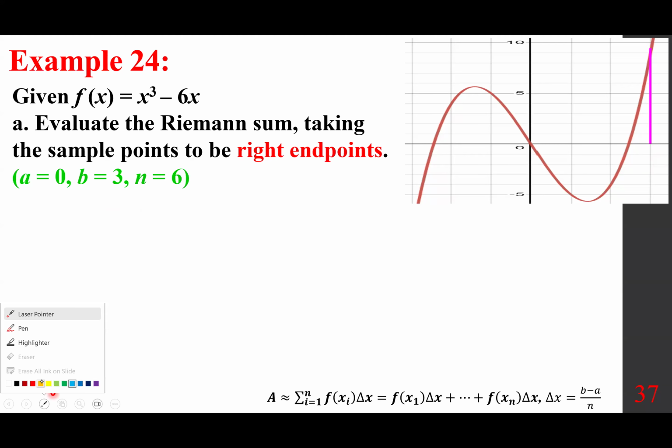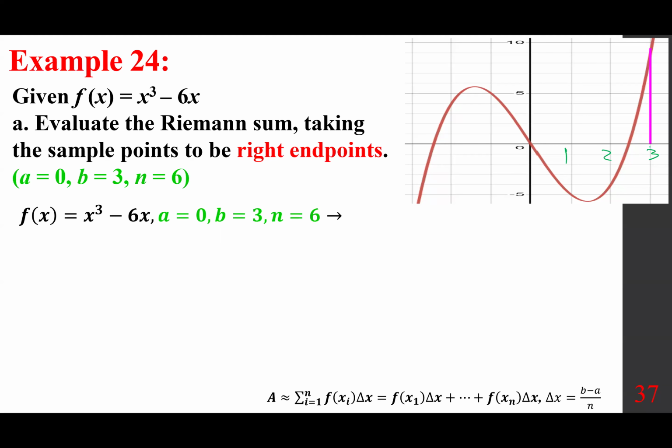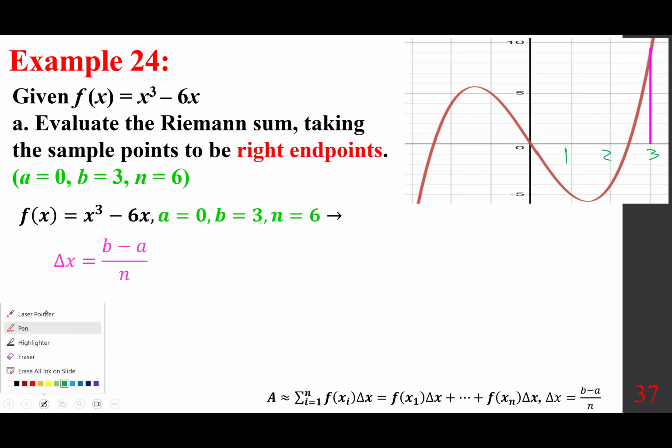Let me just put 1 and 2 here. 1, 2, 3, okay. a is 0, b is 3, n is 6. So we cut it into 6 equal parts. Delta x is b minus a over n, which is 3 minus 0 over 6, or 1/2, or 0.5.